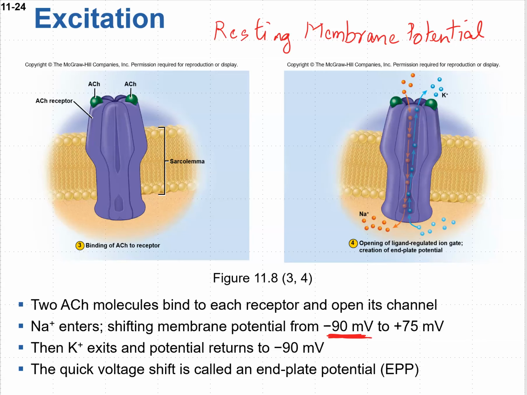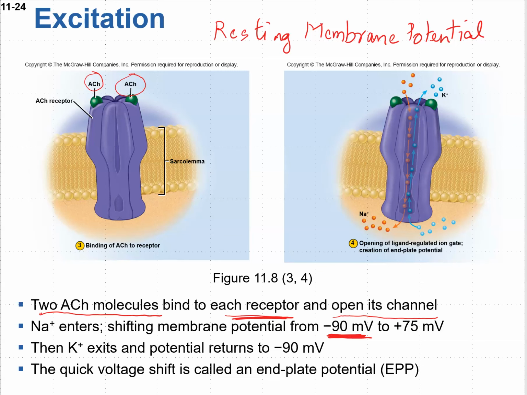Okay, so when acetylcholine is released into the synaptic cleft, the receptors on the muscle cell, which are ligand-gated sodium channels, get activated. This takes attachment of two acetylcholine molecules to each receptor, which causes the channel to open.